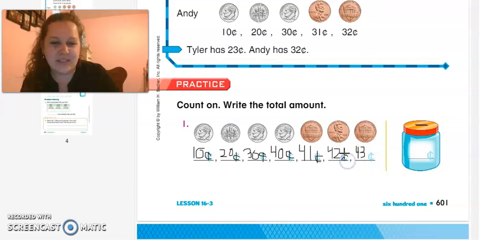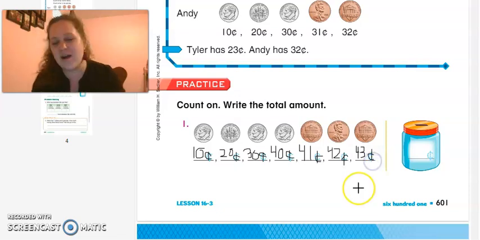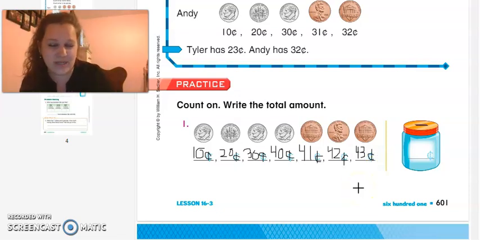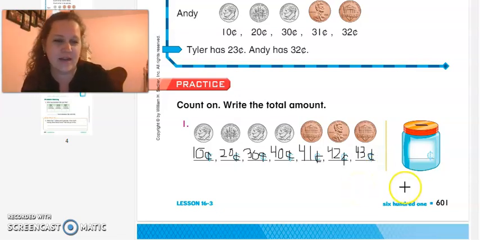Let me go back and trace my cent signs as best as I can. So now I see that in total, my total amount that I just added up right here is 43 cents. So I'm going to add that in my little piggy bank right here.